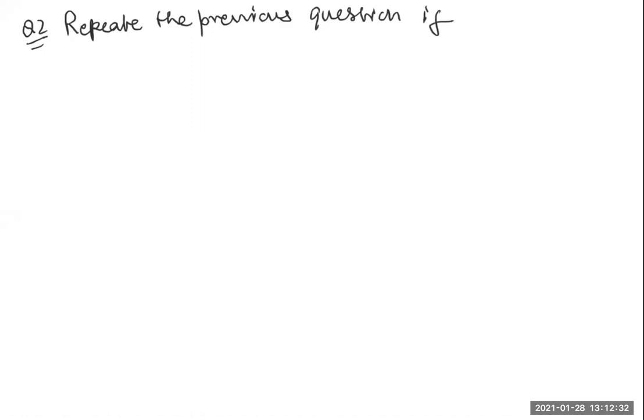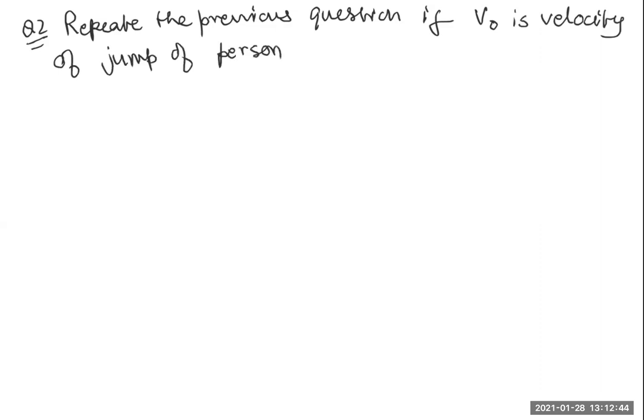If V naught is velocity of jump of person with respect to the car.